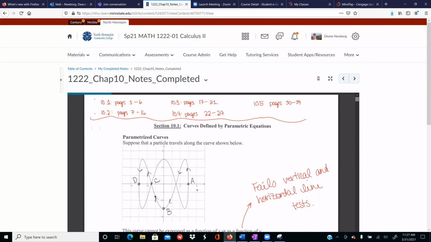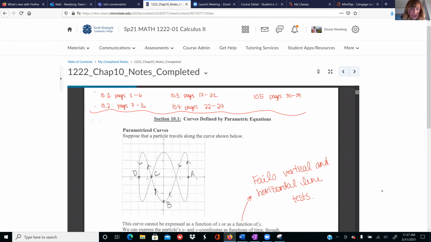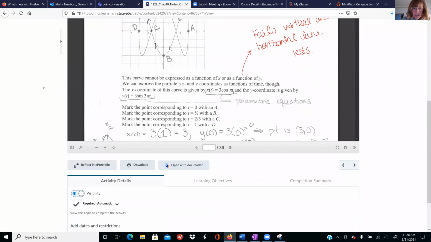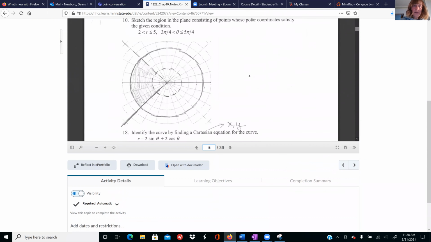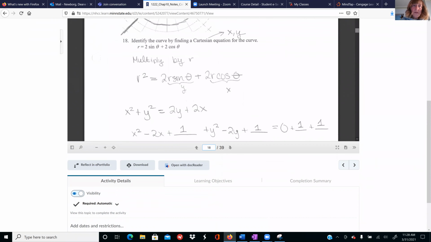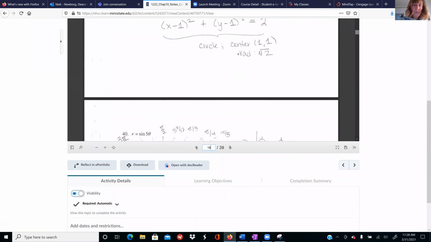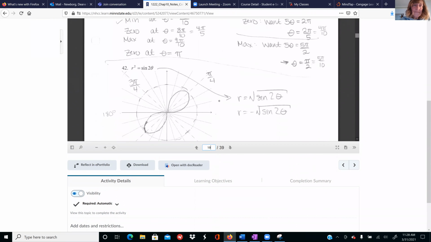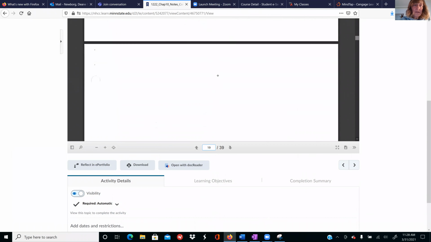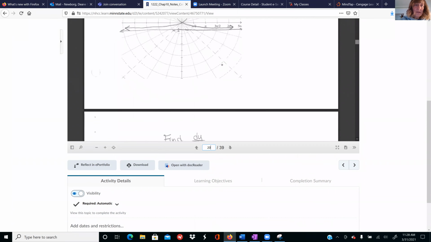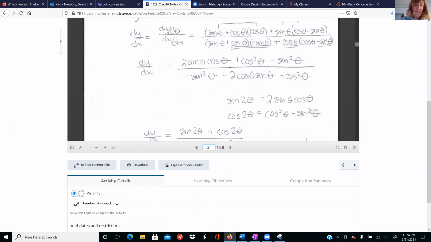Okay, let's see. So 10.3 starts on page 17. Okay.